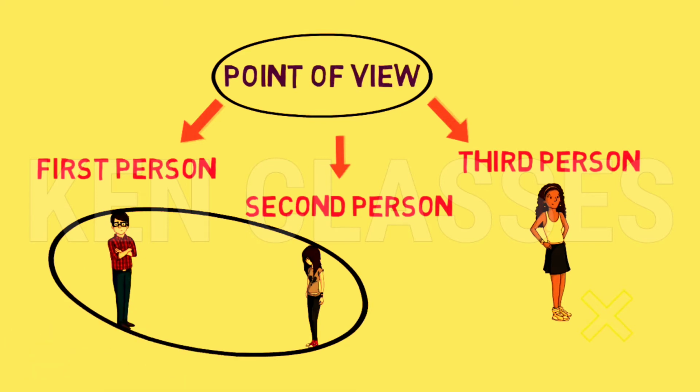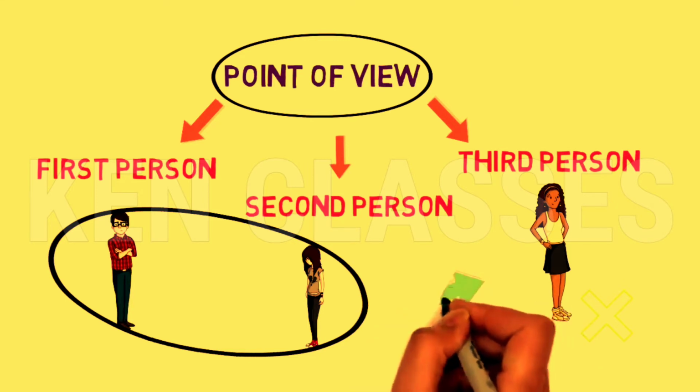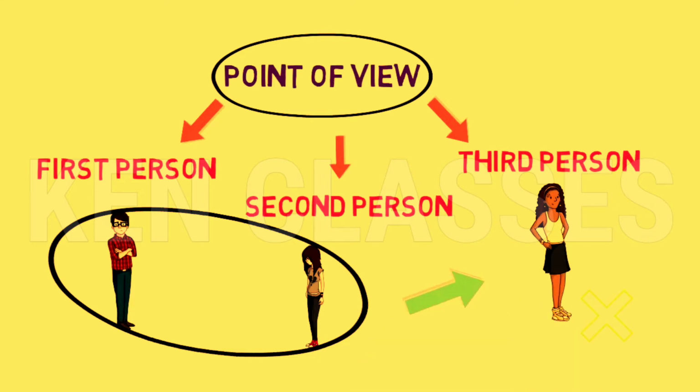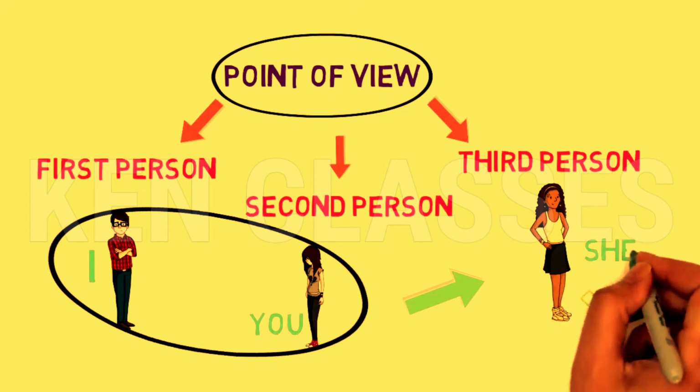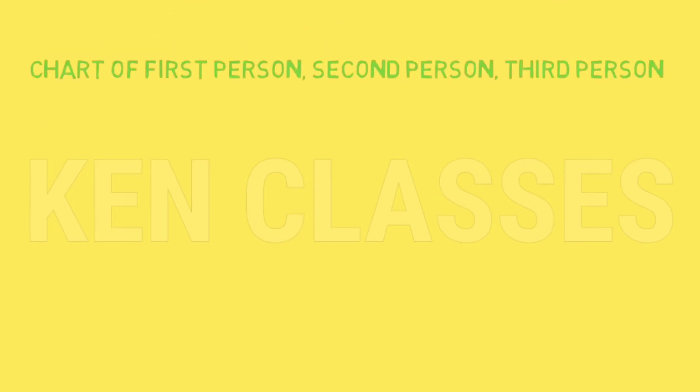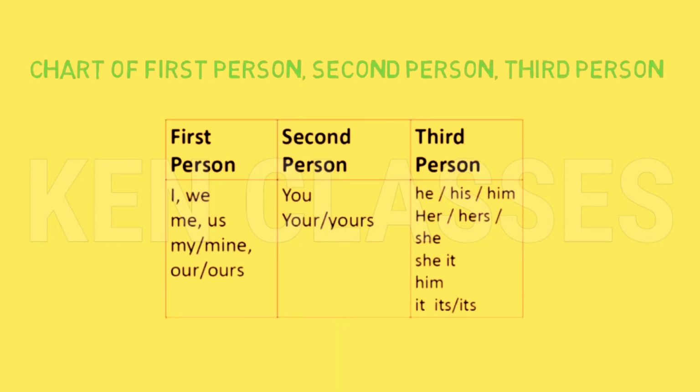Isha is the second person as she is the one who is listening to Ravi. And Nikita is the third person as she is not present in the room while they were talking. Ravi may be talking to Isha like this: "I am telling you that she is very beautiful." For the complete chart of first person, second person and third person, please refer to this image.